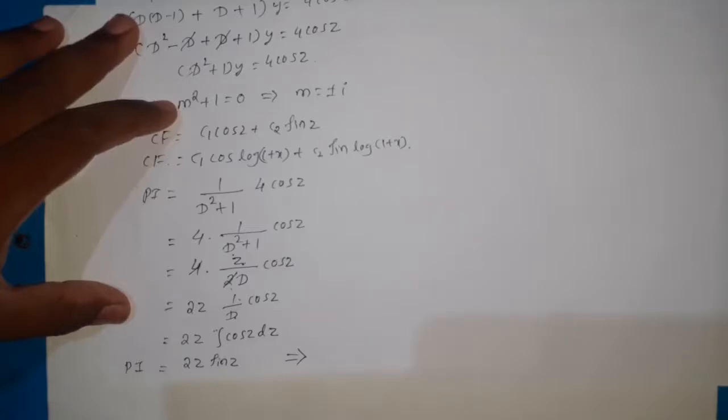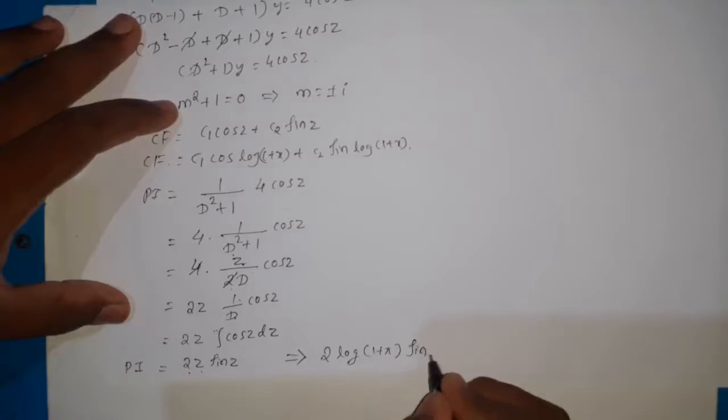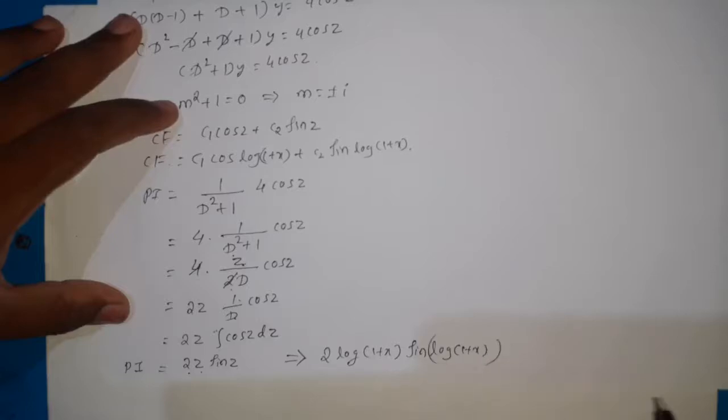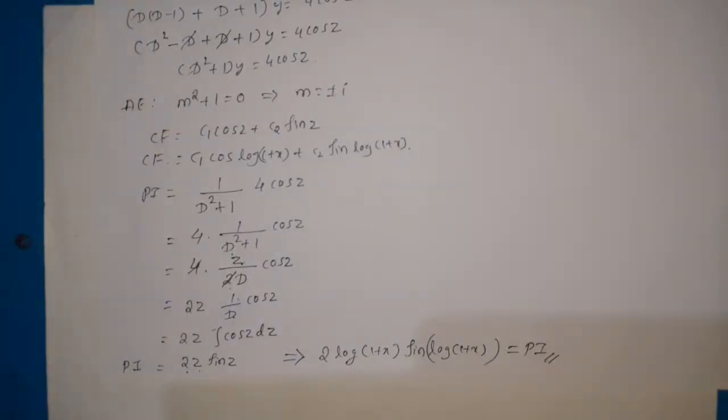So now it implies that here 2z, 2 into log of 1 plus x into sine of log of 1 plus x, this is the required particular integral. So here we got complementary function as well as particular integral. Then write the complete solution as y is equal to cf plus pi.